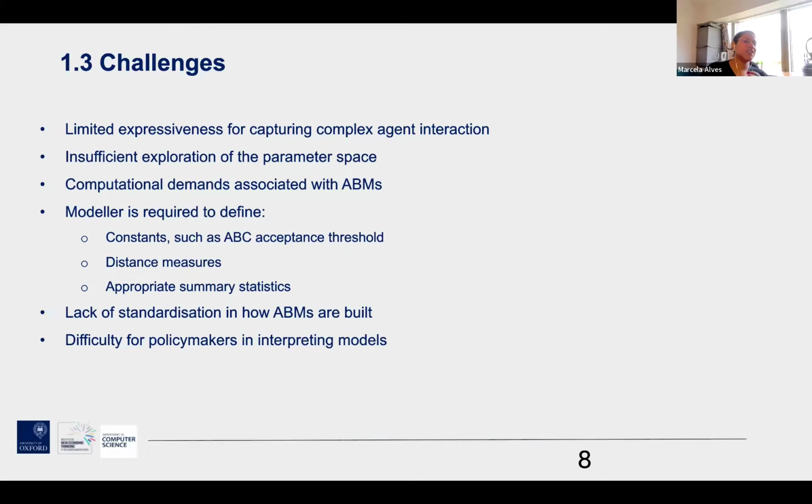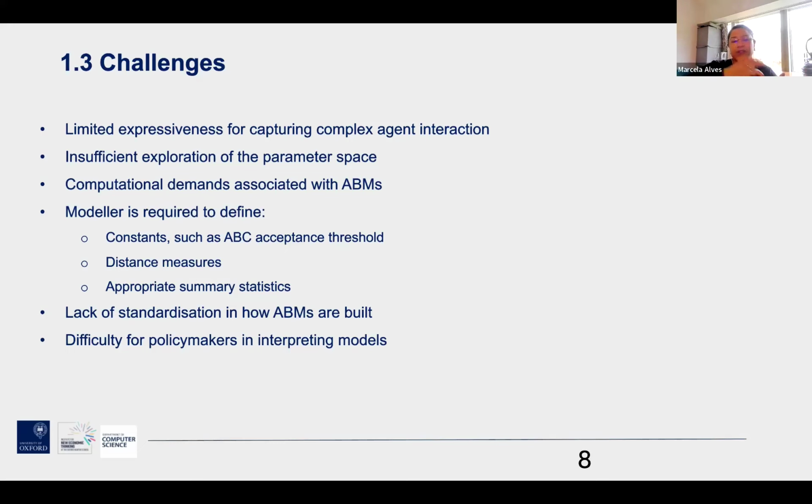It depends on the distance measure that was used, and also the summary statistics that were used to do the dimensionality reduction, right?